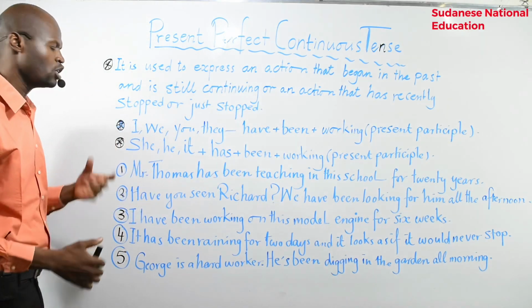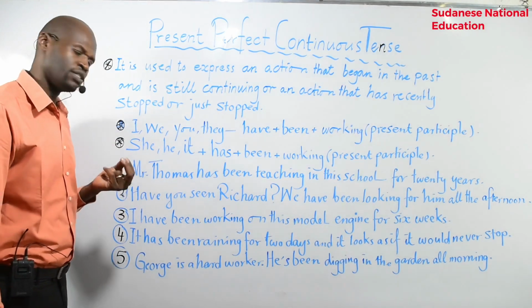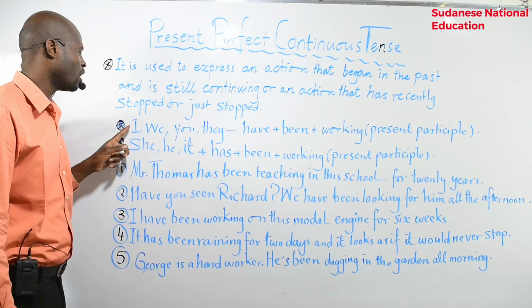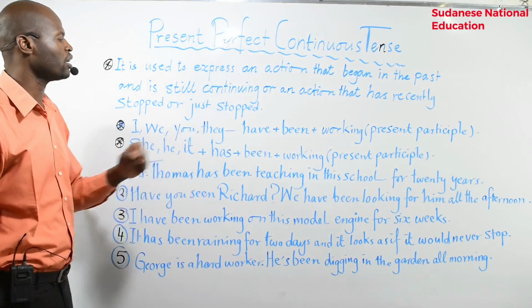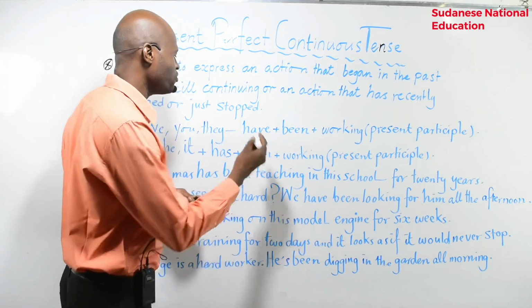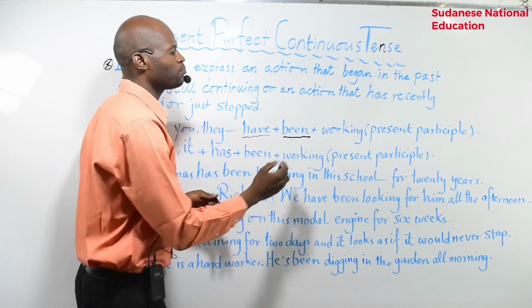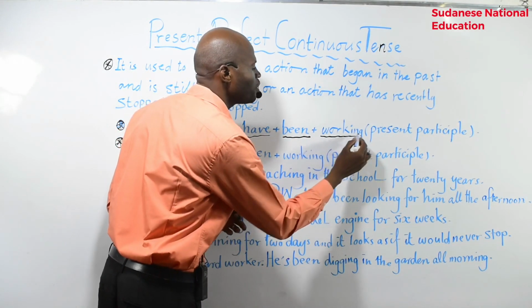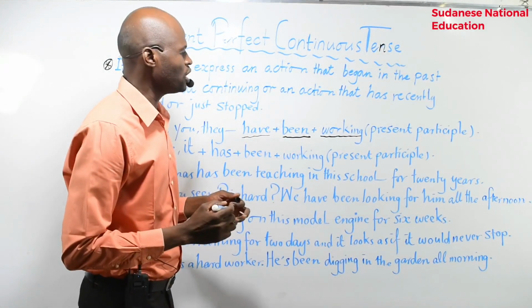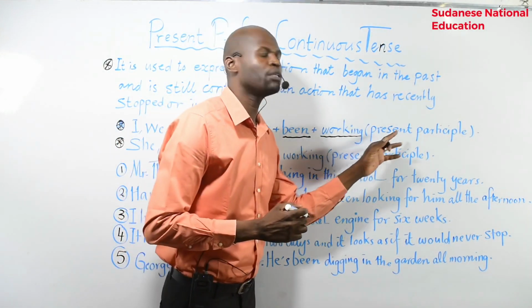We build a sentence using the persons. We have here the subjects like I, we, you, and they. We use the verb have, and then we use been plus the form of the verb plus ing, and this one we call present participle.